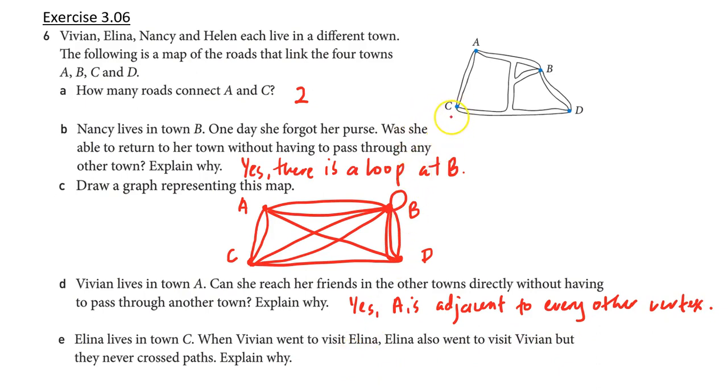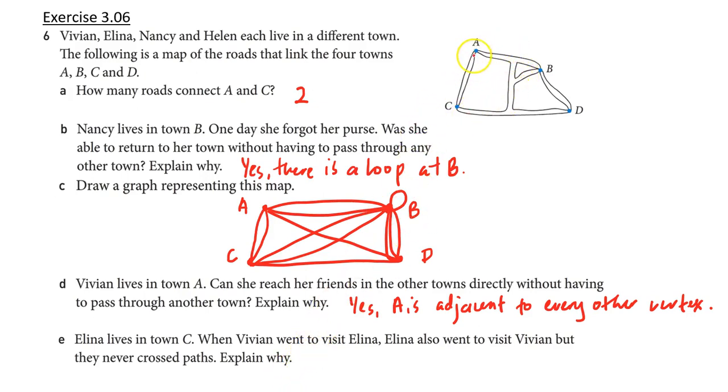Now let's look at E. Elena lives in town C, Vivian lives in town A. So Vivian wants to visit Elena, so she used this route. And Elena also wants to visit Vivian, but they never cross paths. So she can take this road, right? So Vivian can actually take this road. So is it possible?